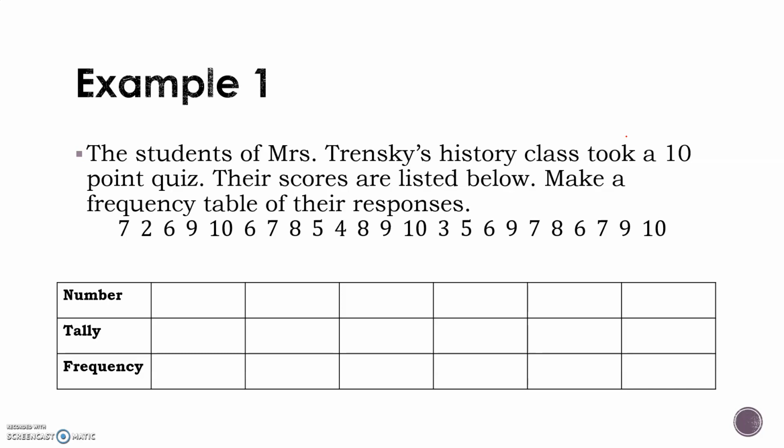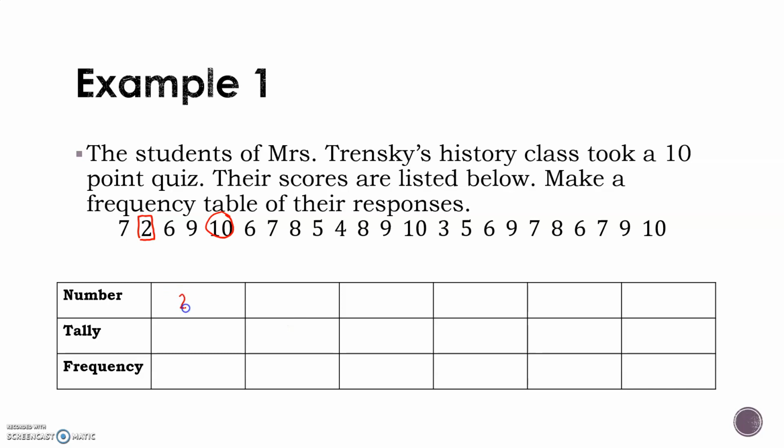So it looks like I do have several 10s, so my maximum value is 10, and it looks like my lowest value is 2. So rather than giving each number 2, 3, 4, 5, 6, 7, 8, 9, and 10 their own box, I'm going to put some values together.